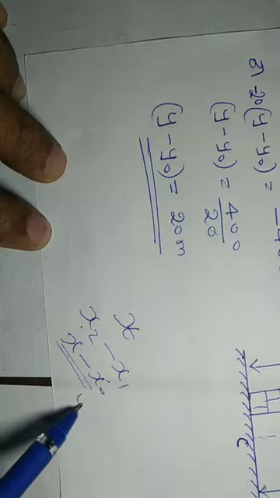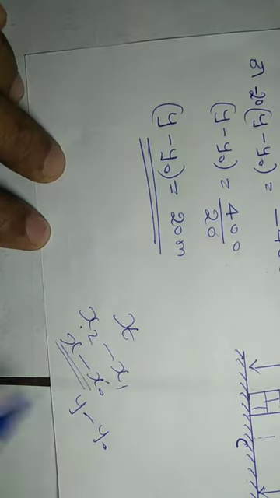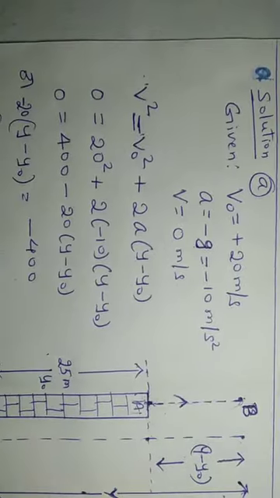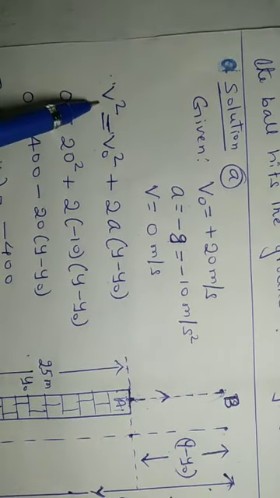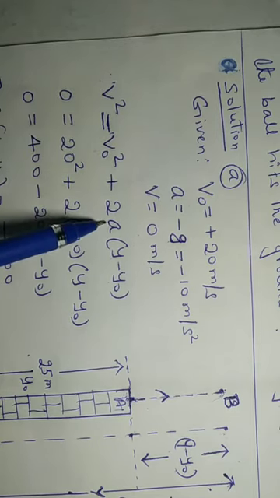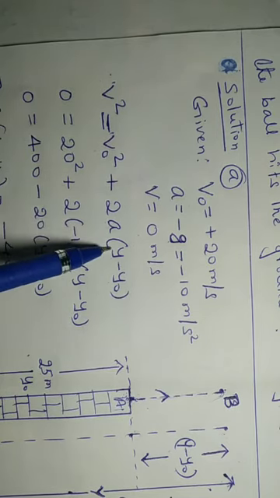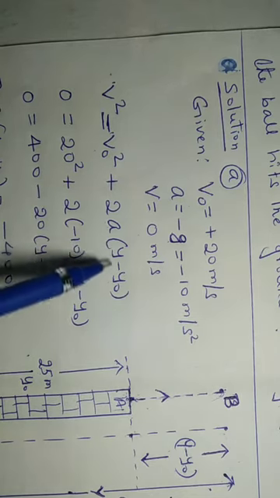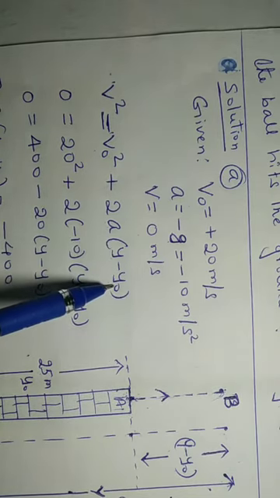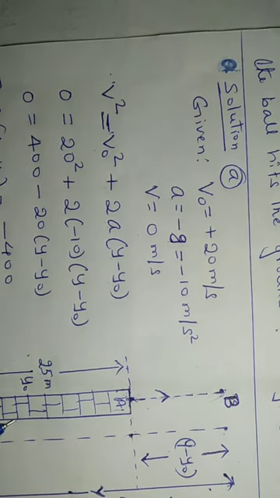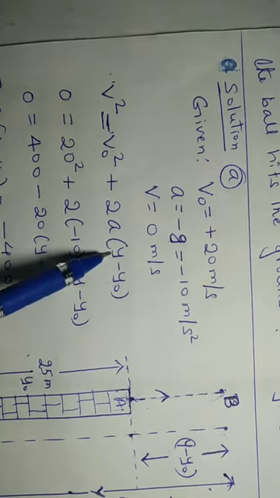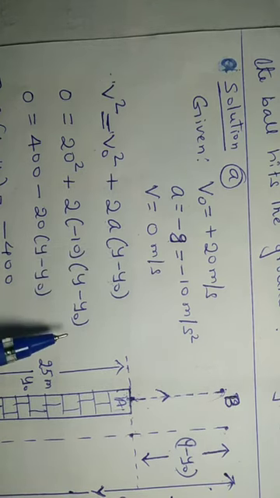Similarly, in the y-axis, we write y minus y0. So this is the kinematic equation along the y-axis. If it is the x-axis, you can write x minus x naught.